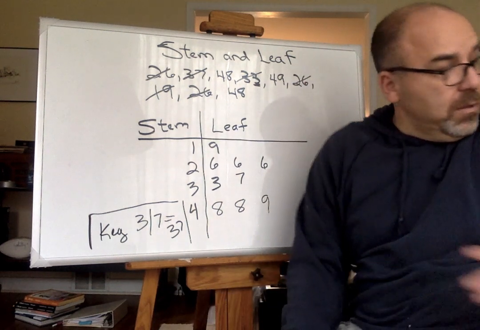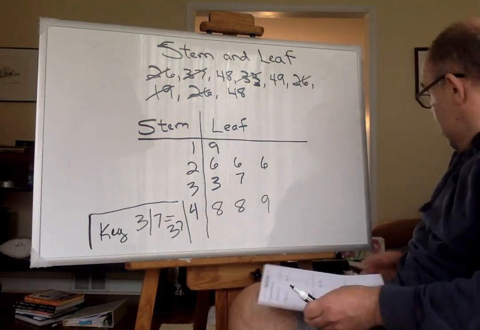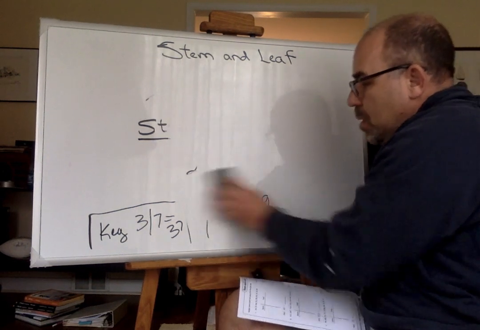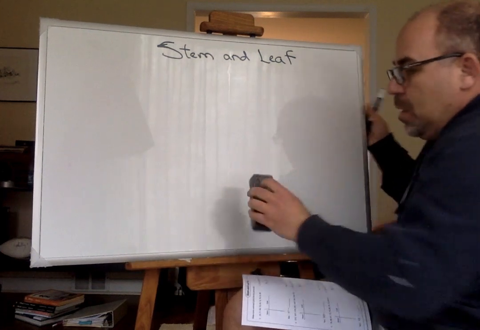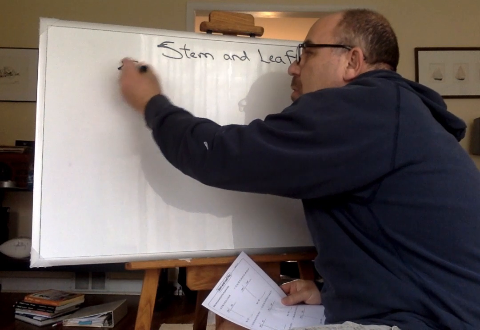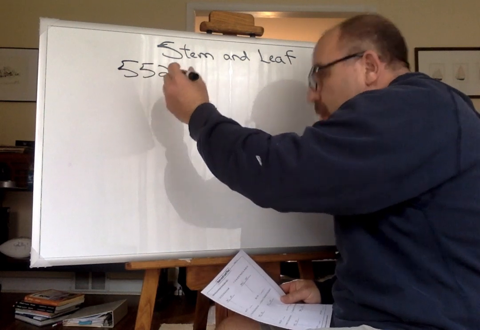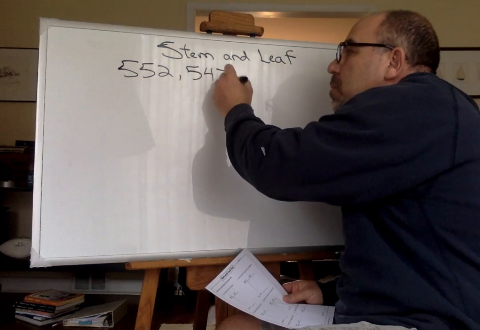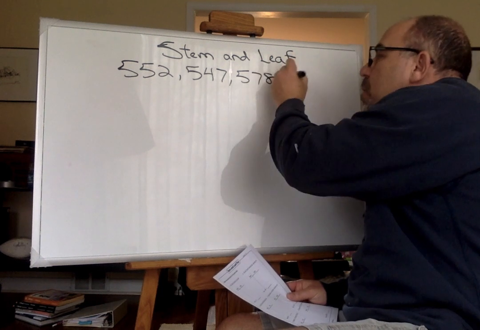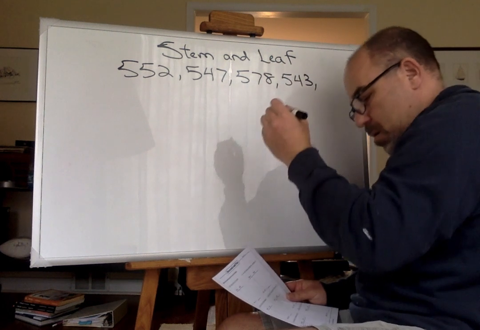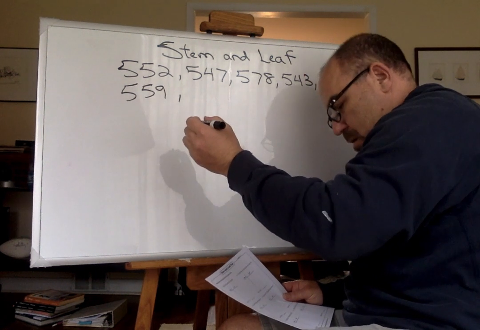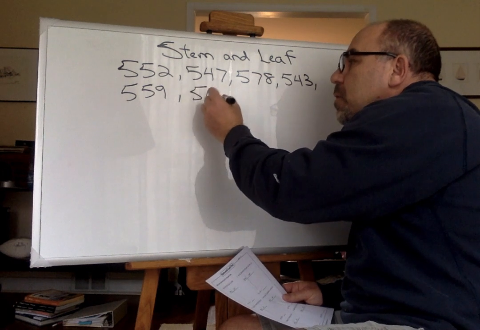Let's take a look at number 3 on this worksheet because it's a little bit different. We have 552, 547, 578, 543, 559, 565.